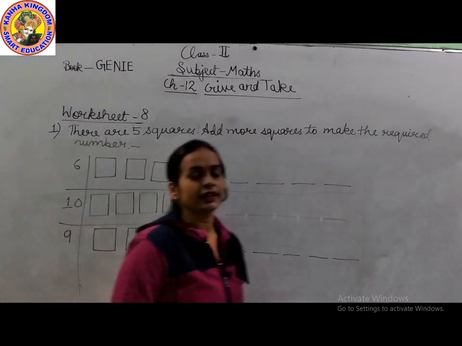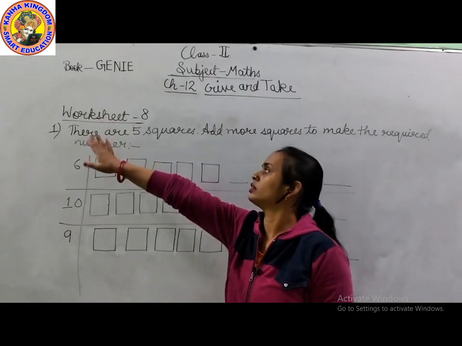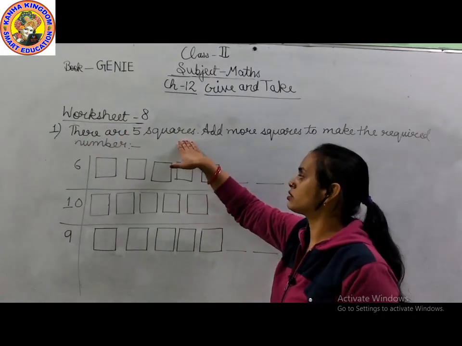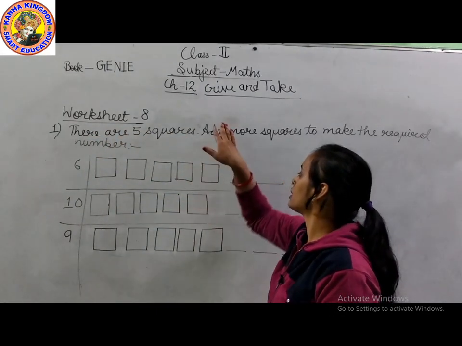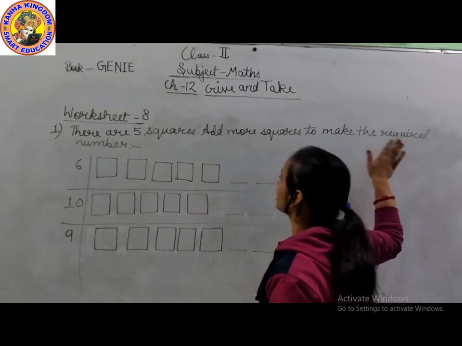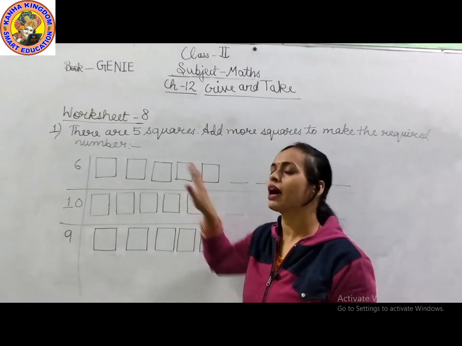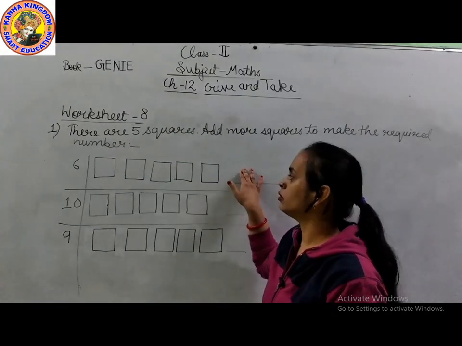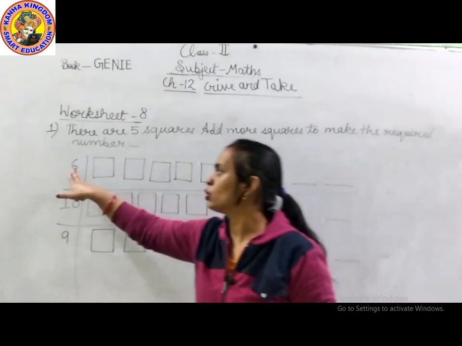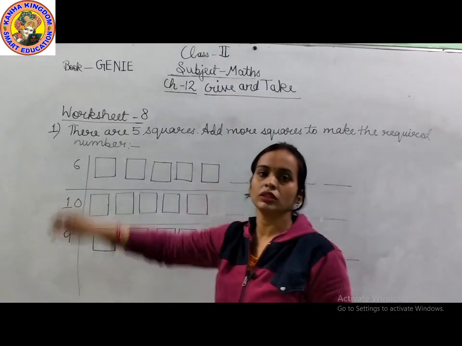Now, next worksheet is worksheet 8. In worksheet 8, there are 5 squares. Add more squares to make the required number. In 5, we have to add more squares to make the required number.